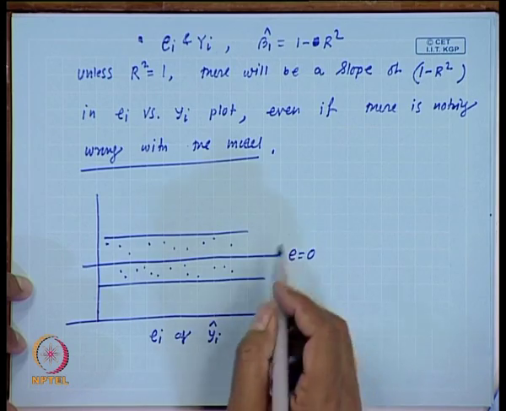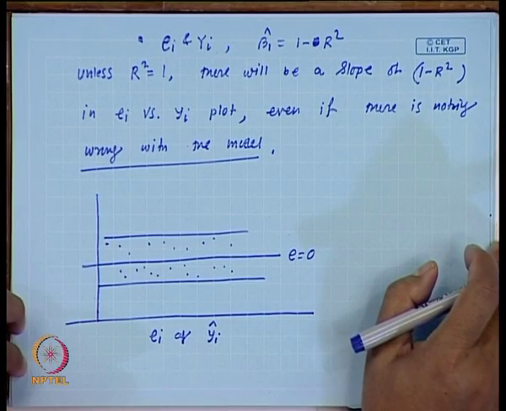But here, since there is a theoretical relationship between the residual and y I, it is very likely that the residuals will not be contained within a horizontal band centered at E equal to 0.